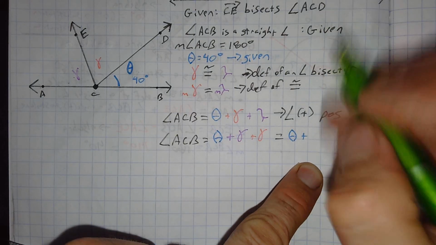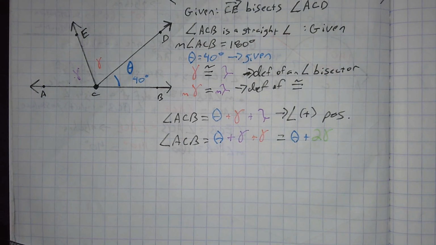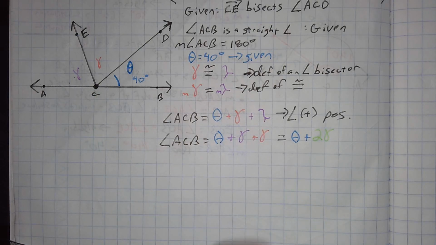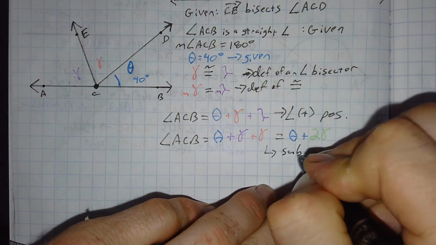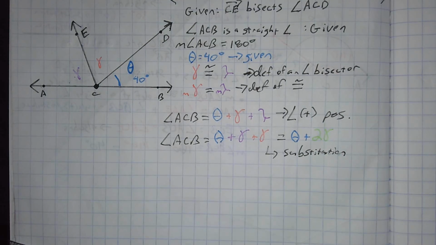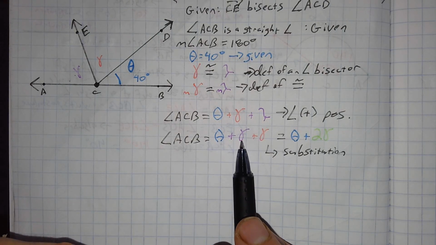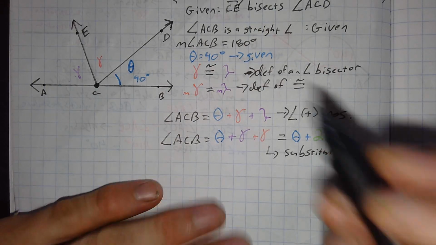I'm green. Two gammas. Okay, so it's two gammas because they're the same. That I was able to say because of substitution. Okay, I substituted one equivalent thing for another, and then I did some algebra too.